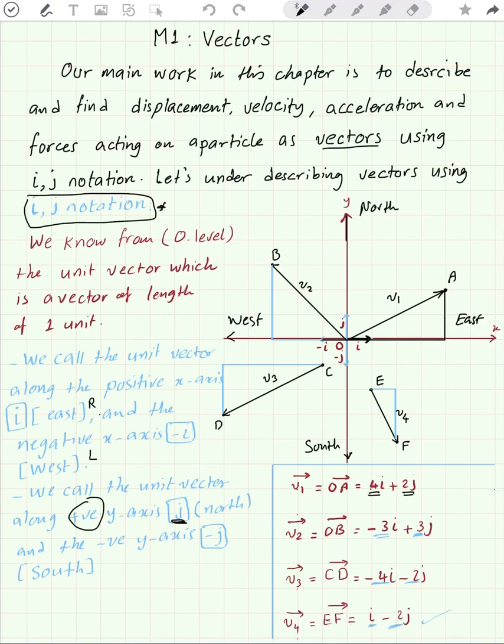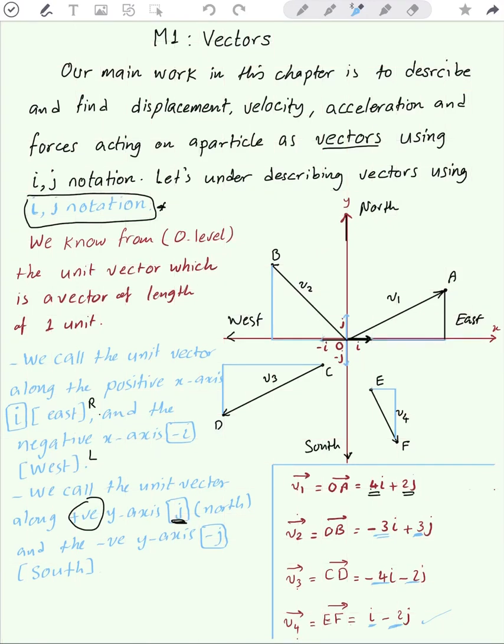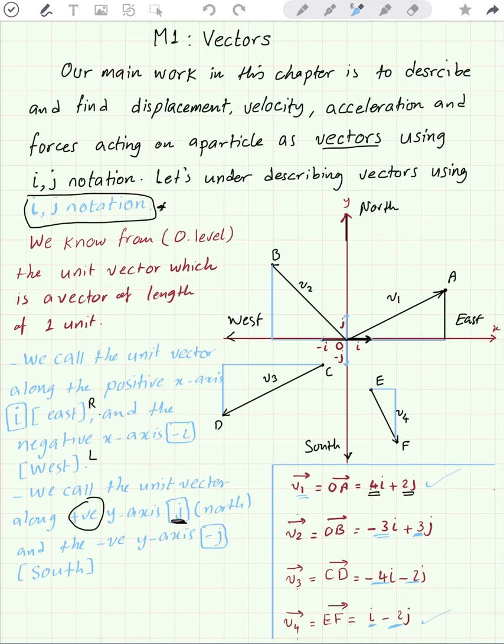We mean 4 steps to the right, 4 units. So I'll do it in blue to see it here. 1, 2, 3, 4. So we say that OA, vector V1, is 4I. And at the same time we go 2 units up, 1, 2. So it's 4I plus 2J.